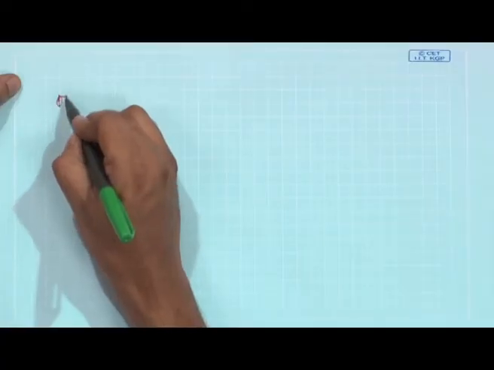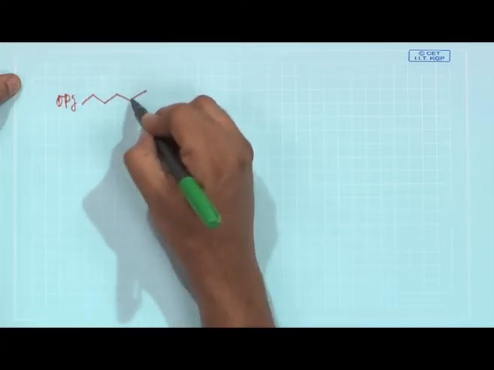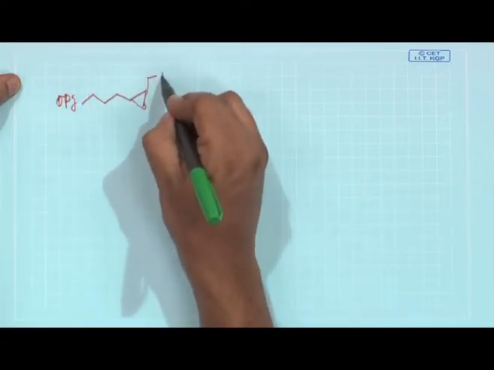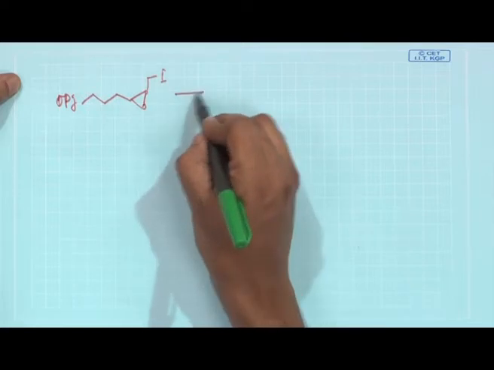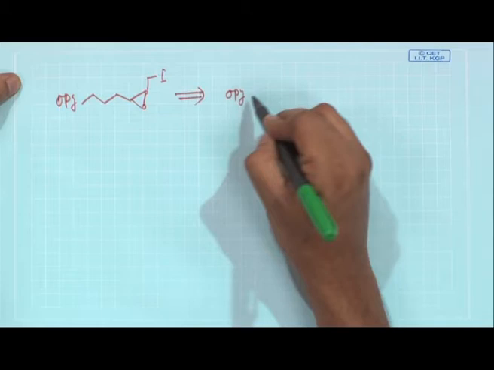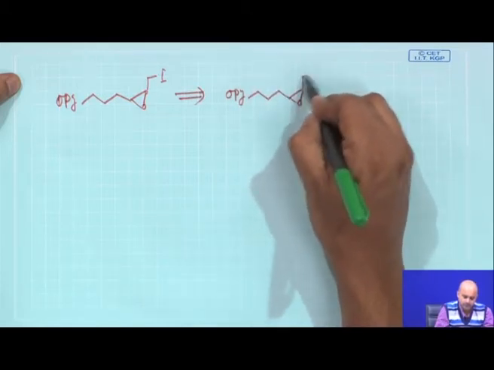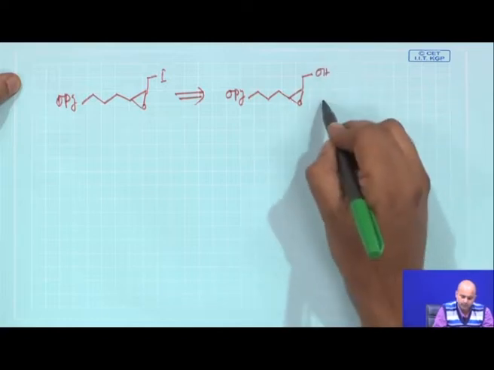So, now trying to formulate the entire pathway. You have OPG and the epoxide, which I am now writing with OCH2I. Now, try to do the retro. This iodo compound you can simply access from the corresponding alcohol through the Appel reaction.